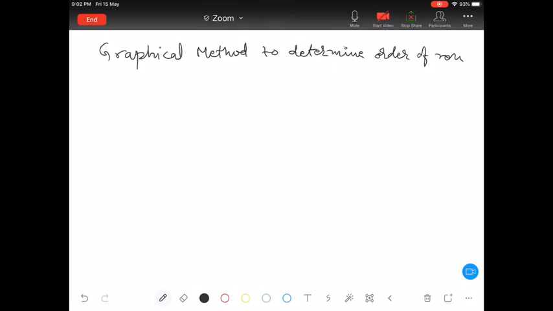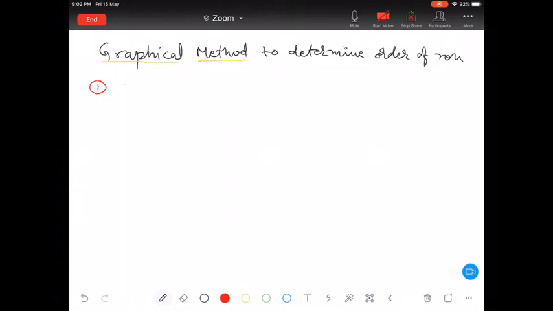Okay, so this graphical method we are going to discuss. First of all, here one more important thing we need to understand, that how we are going to use this method. First of all, we say some important points regarding this graphical method I will be writing here.